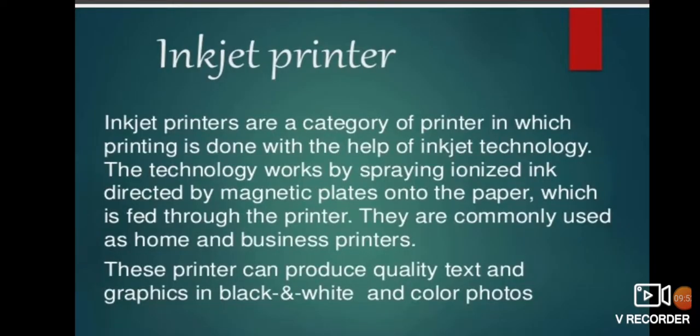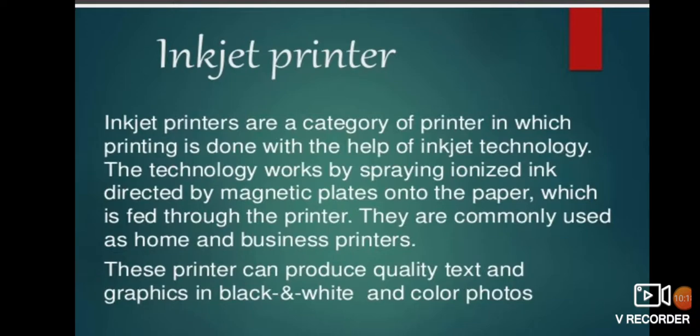Next, in the type of non-impact printers, are inkjet printers. Inkjet printers are a category of printers in which printing is done with the help of inkjet technology. The technology works by spraying ionized ink, directed by magnetic plates, onto the paper, which is fed through the printer.